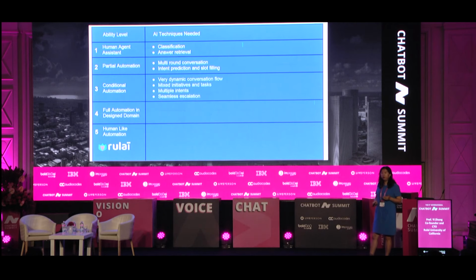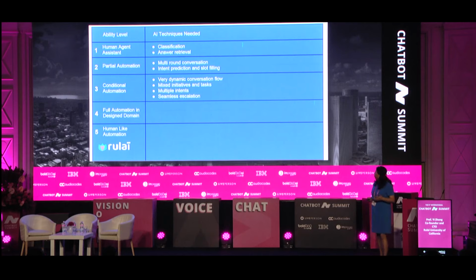In order to power a level 3 virtual assistant, the underlying AI technologies you need include a dialogue manager that supports very dynamic conversation, those nonlinear conversations not happening as designed. So your virtual assistant needs the ability to handle mixed initiative, so the conversation can be led by the user, with user initiative, or by the bot, or mixed together.